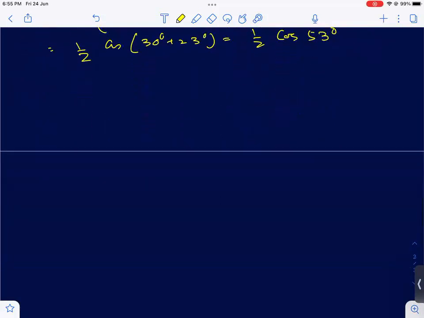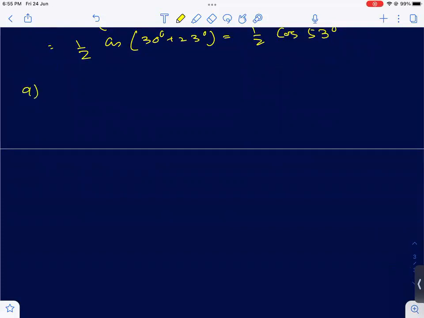Next, question number 9. This is also a similar type of sum. Tan A equal to minus half, tan B equal to minus 1/3. Therefore tan A plus B equal to tan A plus tan B by 1 minus tan A tan B, that is minus half minus 1/3 by 1 minus minus half into minus 1/3.